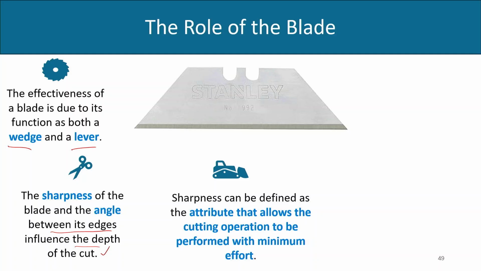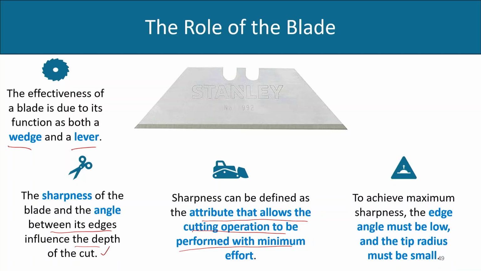Sharpness can be defined as the attribute that allows the cutting operation to be performed with minimum effort, which means that the contact area is low. To achieve maximum sharpness, the edge angle must be low and the tip radius must be small.